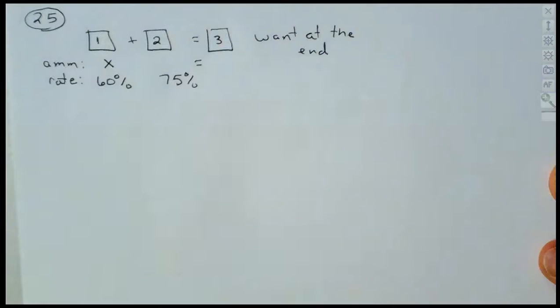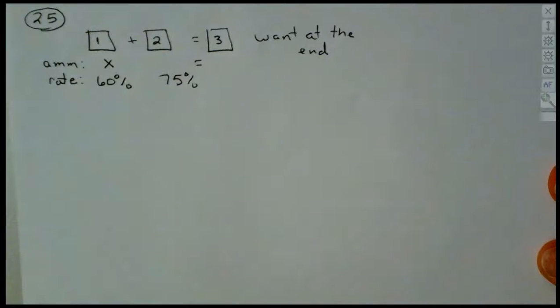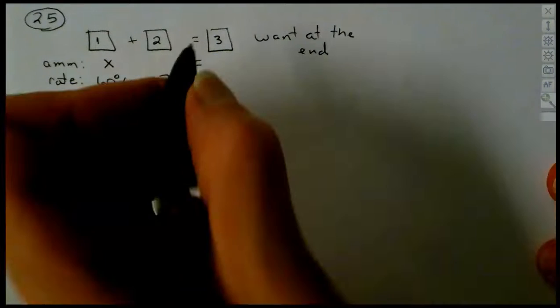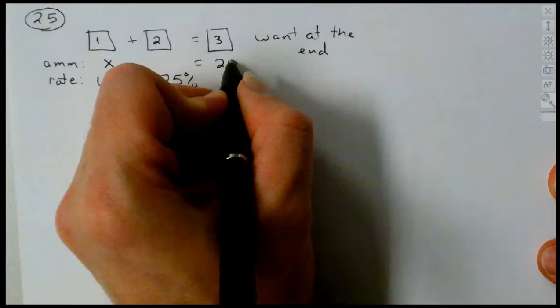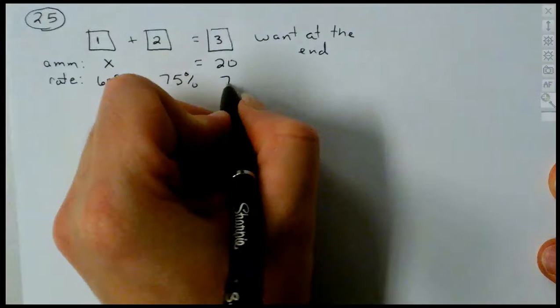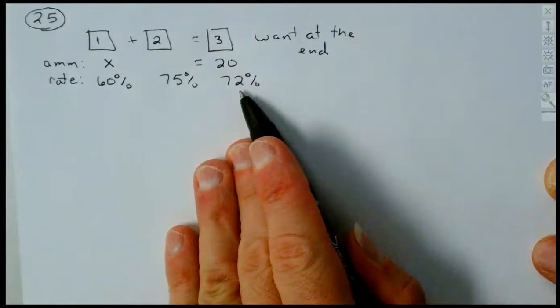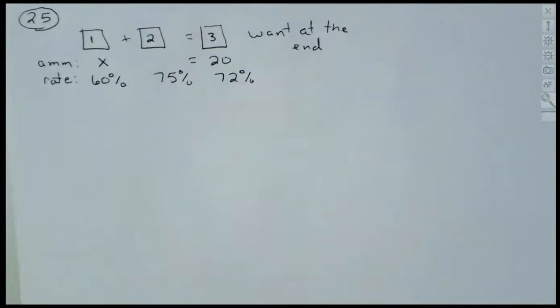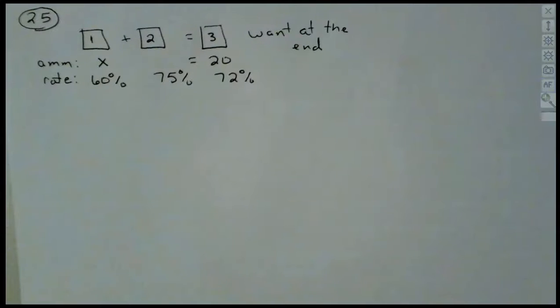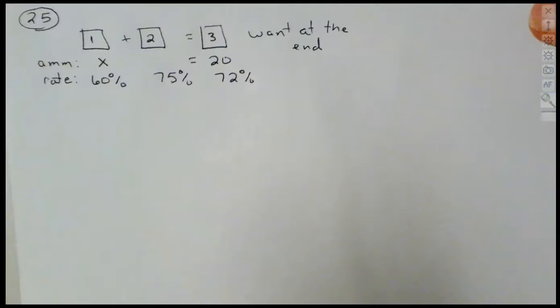When we mix these together at the end, we get 20 liters of a 72% solution, because that's what we want at the end. Now what we need to figure out is what's going to go in this box right here.